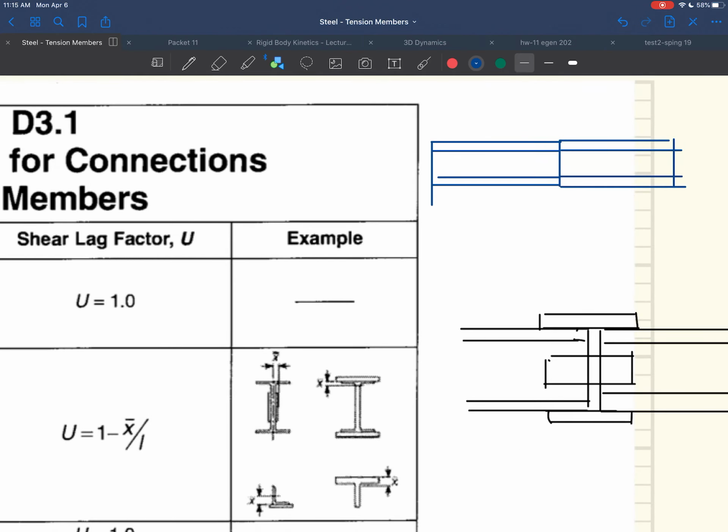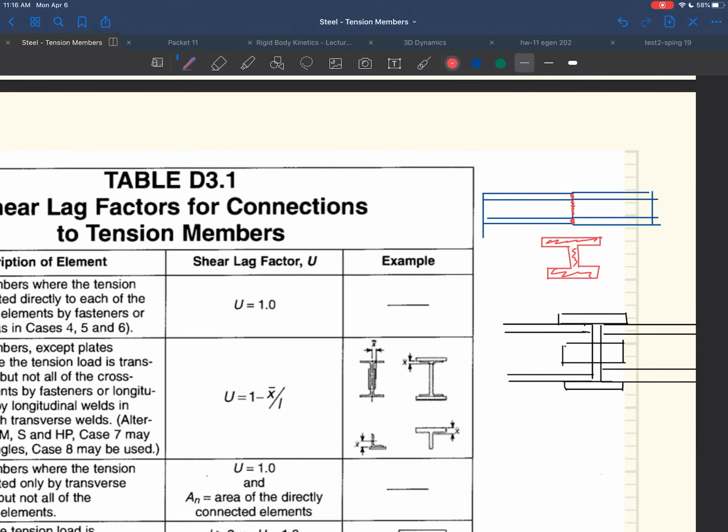If I had them like that, and I went in and welded this, if you were doing it with welds, and I welded the flanges on either side and I welded the entire web, the whole cross section. So if you looked at this from the side, if I went through and on both members I welded everything, that would be a case where I've applied the load over everything and transferred the load over the flanges and the web, and in that case it would be U equal to 1.0.